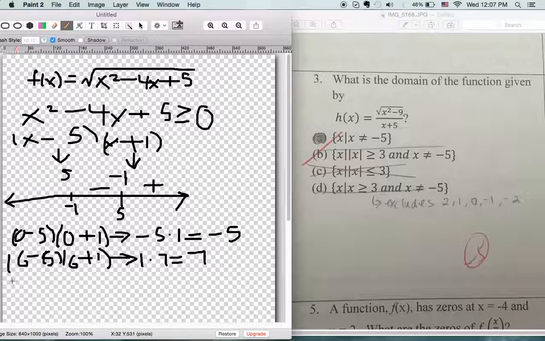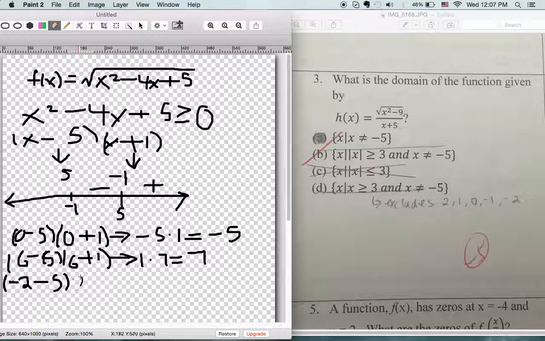And for this interval, for everything that's less than -1, I can just do -2. Let's erase this.